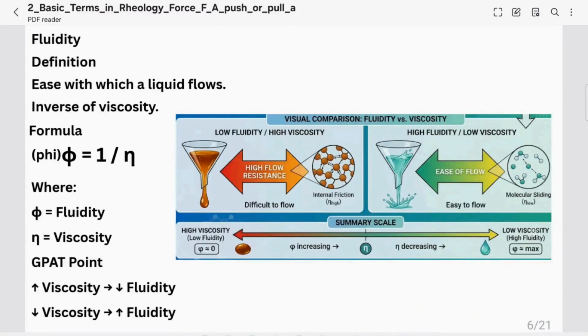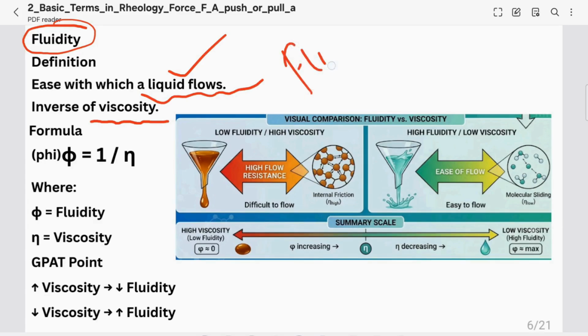Next is fluidity, which means how easily a liquid flows, or the ease with which the liquid flows. It is the inverse of viscosity. As the liquid is more fluid in nature, the movement or flow of the liquid is more.